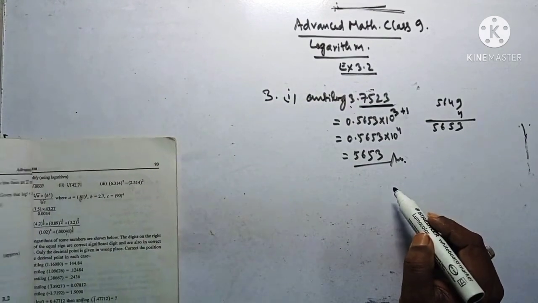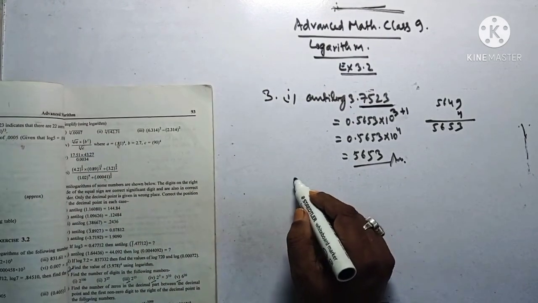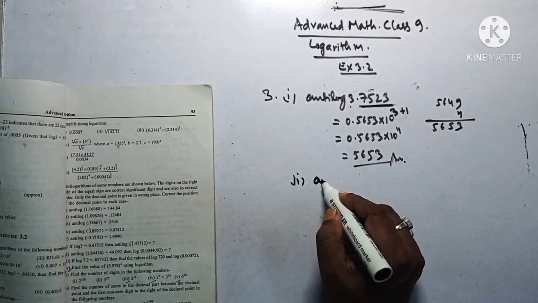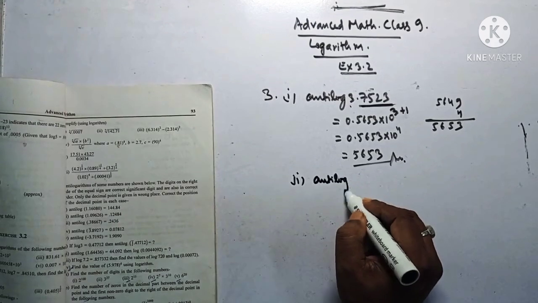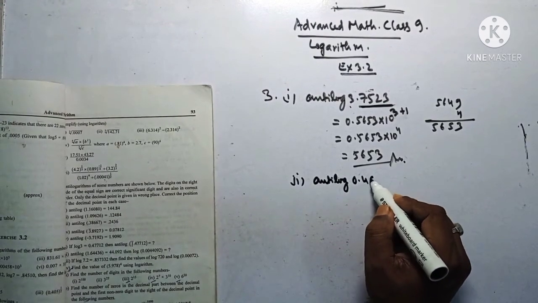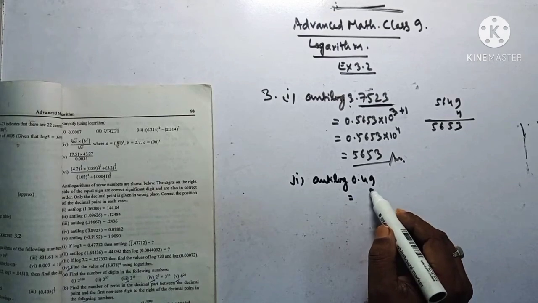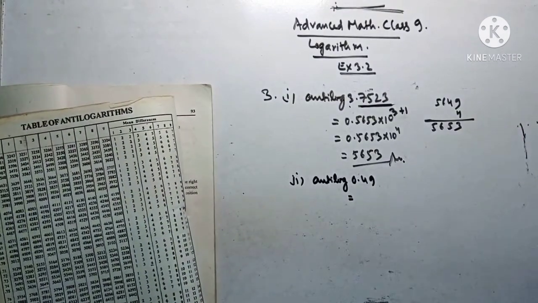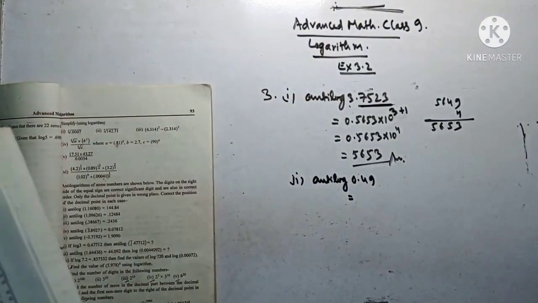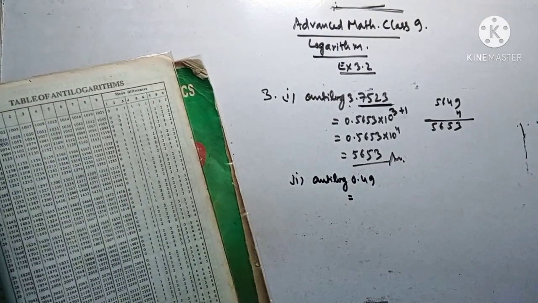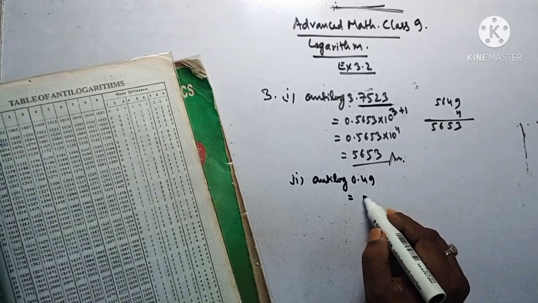Now similarly your second question is, you have to find antilog 0.49. So again you go to the antilog table, 0.490, there is nothing, means 0, so this comes out.